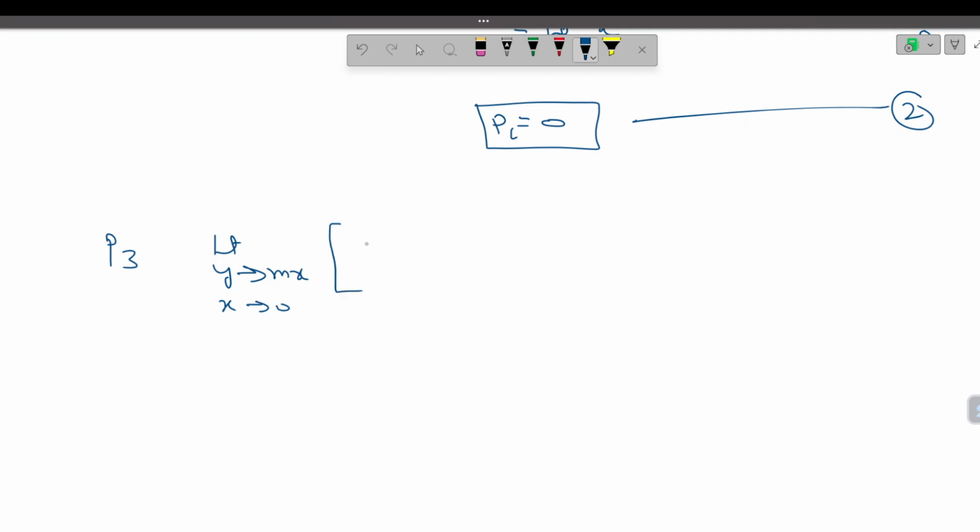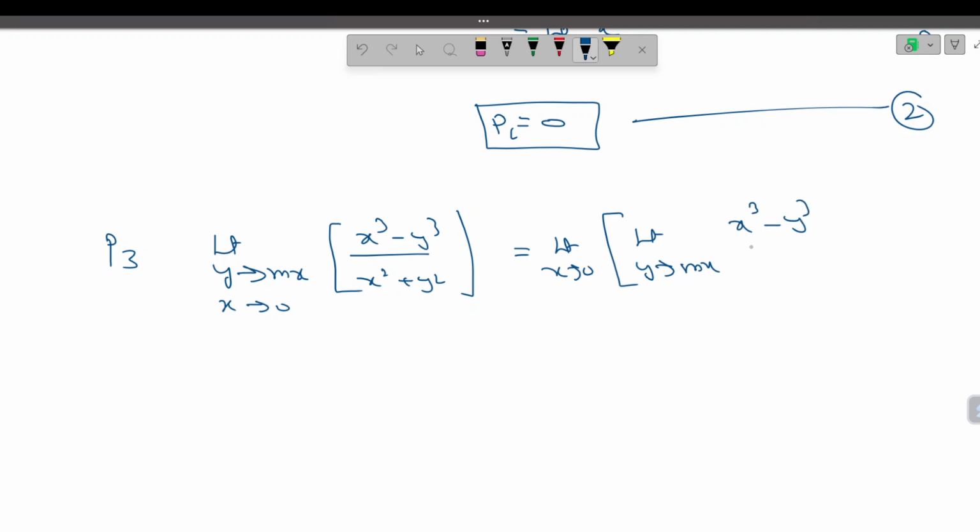Our f is (x cube minus y cube) by (x square plus y square).